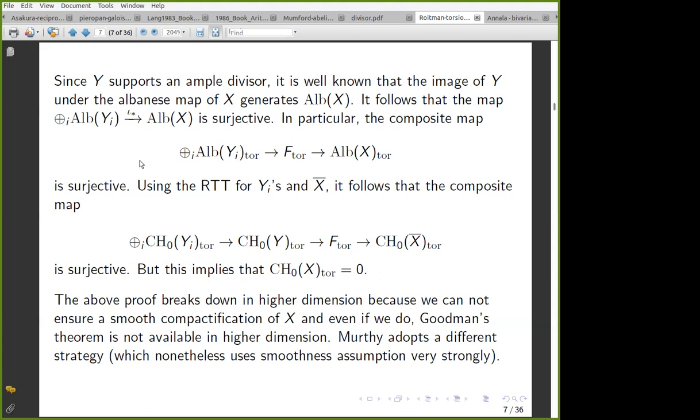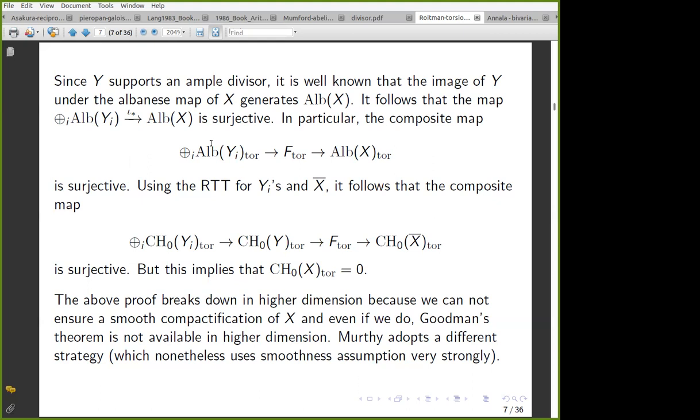Actually, the general statement is that if you take any nice complete intersection curve, it will generate the Albanese variety, because you can reduce the dimension by hyperplane sections, and then you can see that even the generic curves will generate the Albanese variety. But here I don't need it. I just need to know that the image of Y generates the Albanese variety. That's crucial. So in particular, if you take the Albanese of all the components, then it surjects.